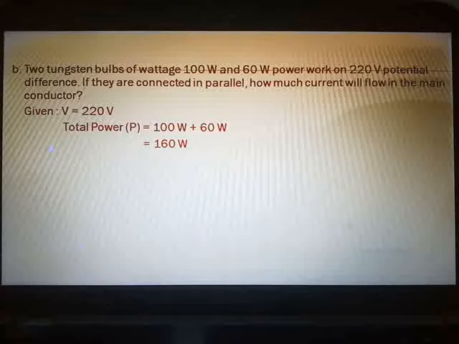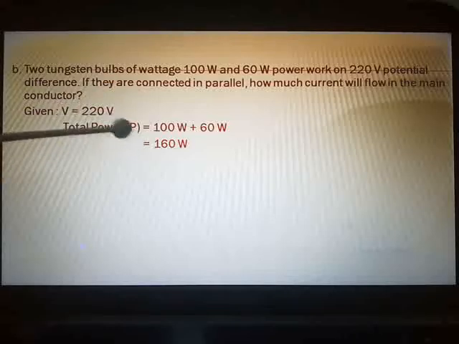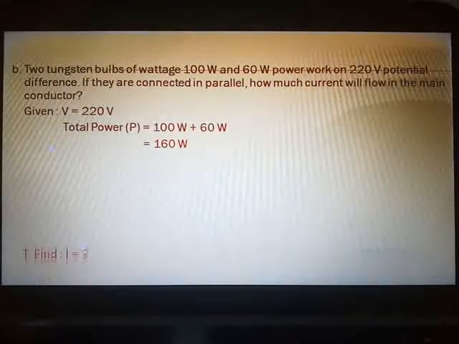As I have told you, you can go for P1, P2, then show P is equal to P1 plus P2. That way also you can do it. Or you can just calculate the total power, because you know that they are connected in parallel. Very simple. You have the value of V, you have the value of P, so you can immediately get the value of current, that is I.